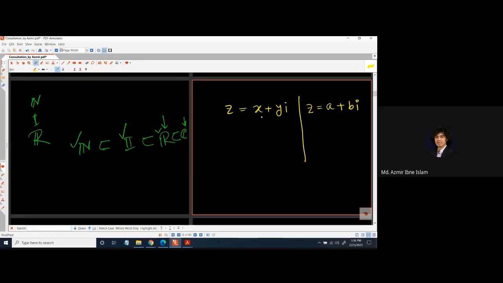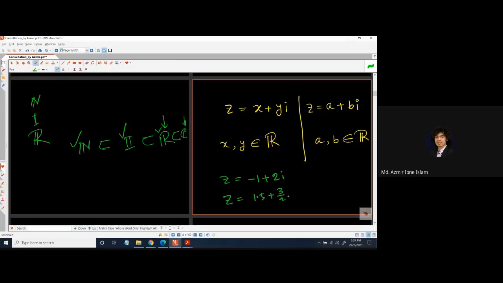So here you can see that we have x component and y component. So x and y are coming from the real number set. Similarly, if we write a plus bi, a comma b are coming from the real number set. For example, let's say we have z equal to -1 plus 2i, z equal to 1.5 plus 3 by 2i.